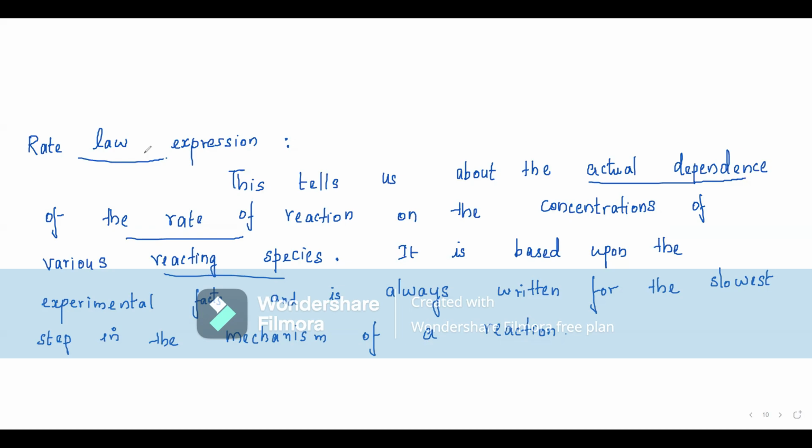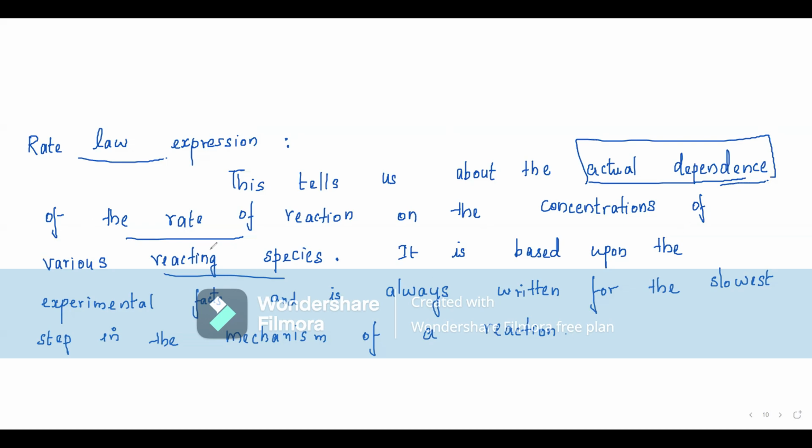So there is something more that we need to understand, like the rate law expression. The rate law expression tells us about the actual dependence. Actually, what is the rate? Actually, how is the rate dependent on the concentration of the reactants?